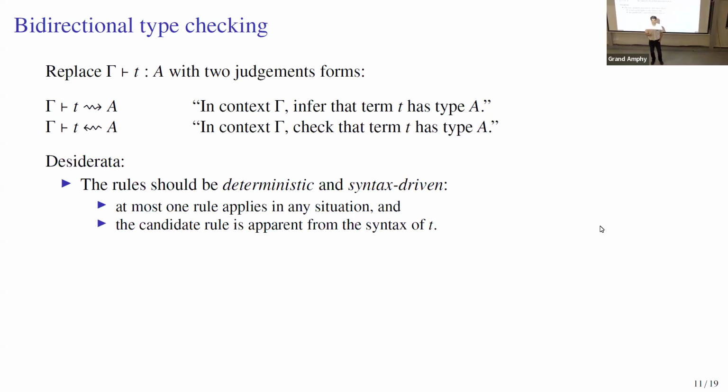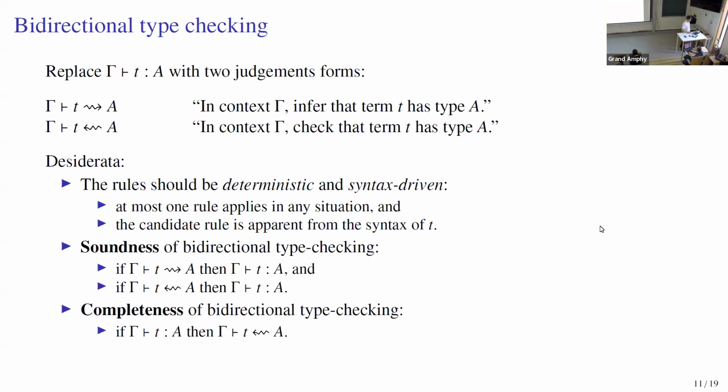If it's hard to tell, that's not very useful. One way to make sure of that is to say the candidate rule has to be apparent from the syntax of T or A. You look at T and A and it should be like, oh, T is a lambda, I know which rule to use. Oh, T is an application, I know which rule to use. So that's how you should structure your rules: they should be syntax driven.